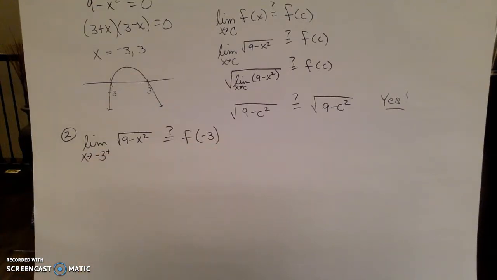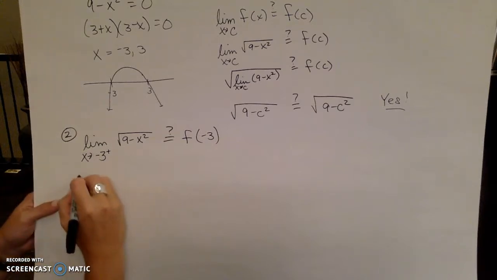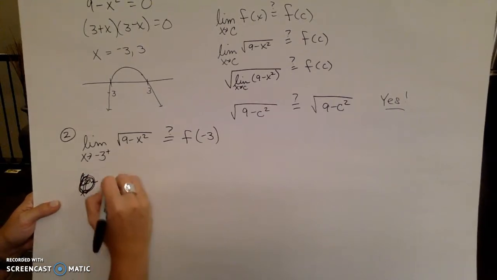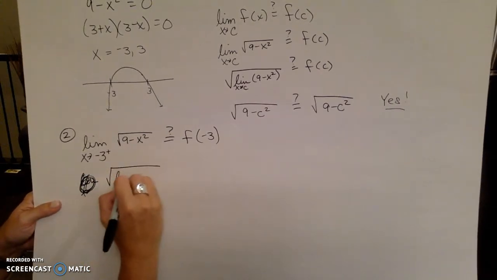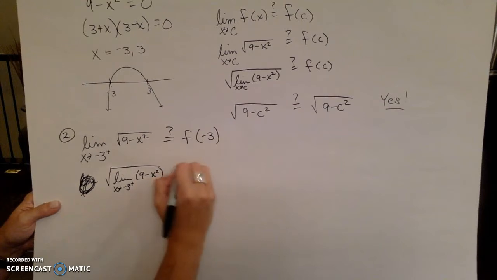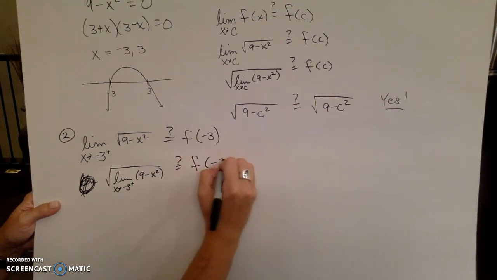Okay, so again, we'll just do a little tiny bit of work here. So I want the square root of the limit as x approaches -3 from the right of 9 minus x squared. Is that going to be equal to f of -3?